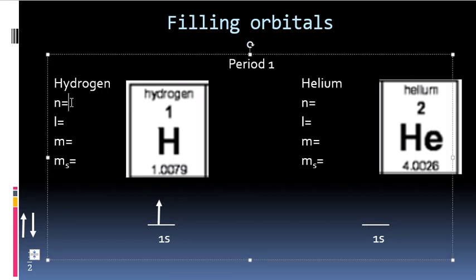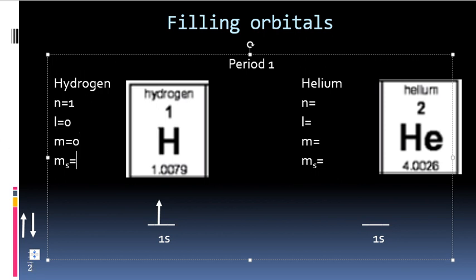Now, we can assign that outermost electron a set of 4 quantum numbers. Because we are in the first period, and this is an s block element, the first period would equal the principal quantum number, so n equals 1. And with this being an s block electron, l would equal 0. And since m can range from positive to negative l, the only possible m value is 0.